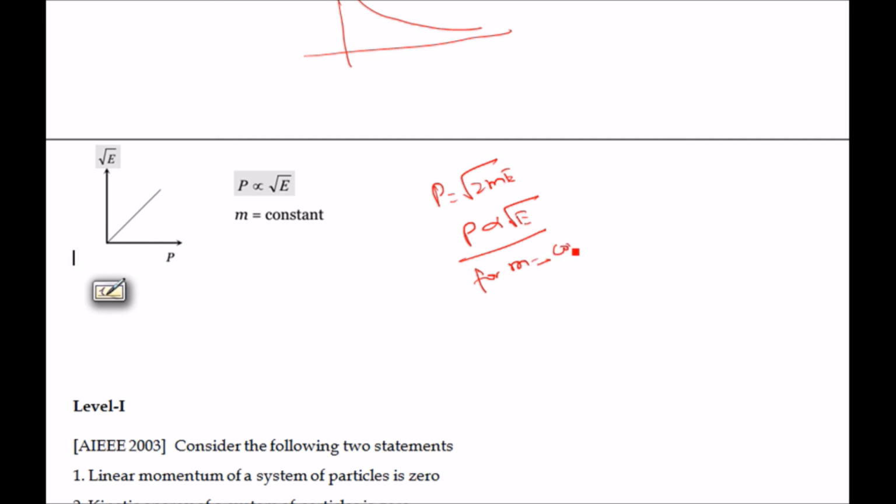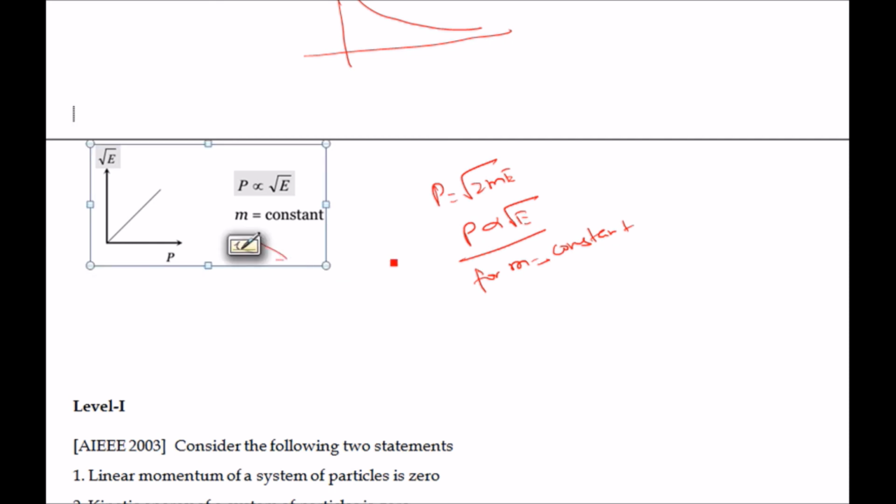If I draw square root of E on the y-axis and p on the x-axis, then clearly it's a straight line passing through the origin, given by the form y is equal to mx.